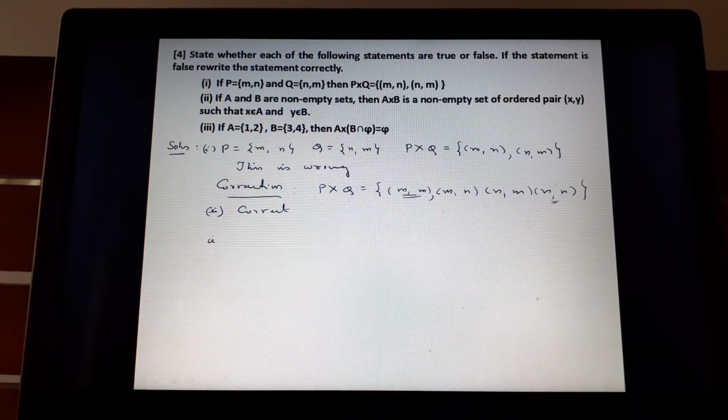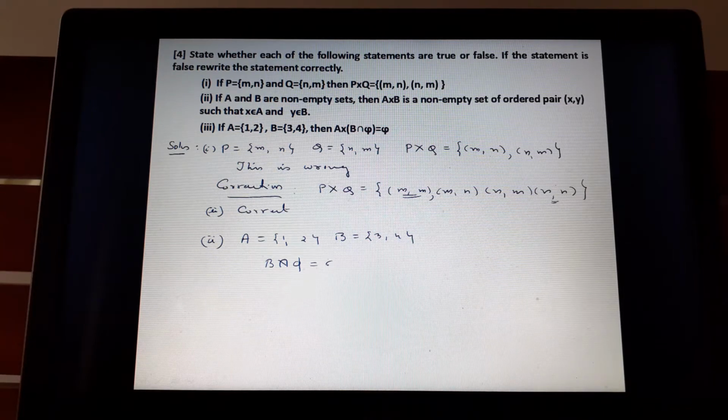And the third one, if A equal to {1, 2}, B equal to {3, 4}, then (A cross B) intersection phi equals phi. So let us do this one. A equal to {1, 2} and B equal to {3, 4}. First we will find B intersection phi.